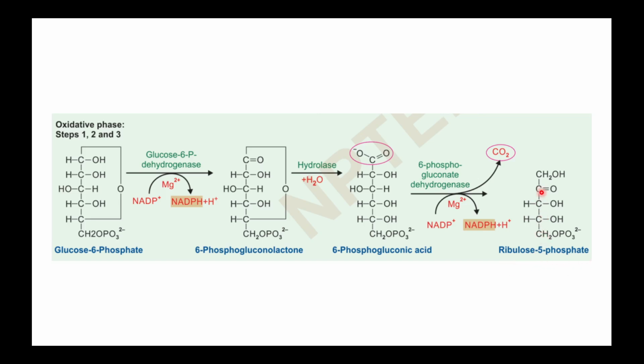So 1 2 3 4 5, 5 carbons are there. So one carbon is eliminated. So this is the first part of the HMP shunt pathway where a pentose sugar and 2 NADPH molecules are synthesized. Then this ribulose 5-phosphate further gets metabolized into different sugar molecules. Okay, that we'll see in the next question.